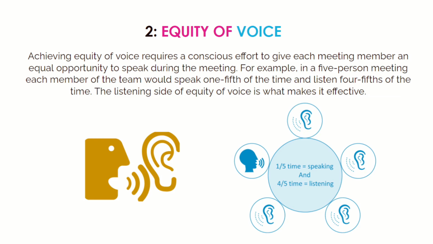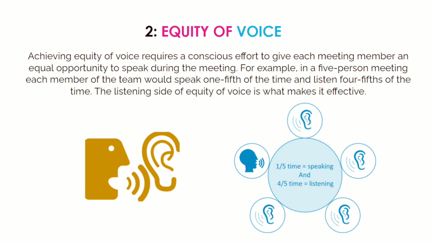Now, something to be aware of, this is something that a lot of people don't realize. There's a term called equity of voice. And what it means is that everyone in a Zoom meeting or Google Meet has an equal opportunity to speak. Now, you're going to have shy students. You're going to have some students who don't want to speak or aren't sure if they want to participate.